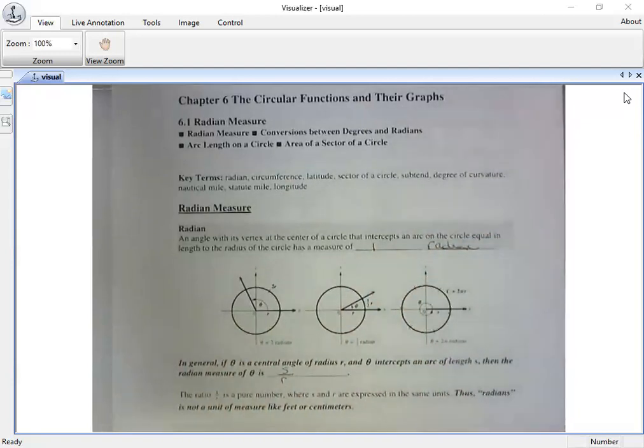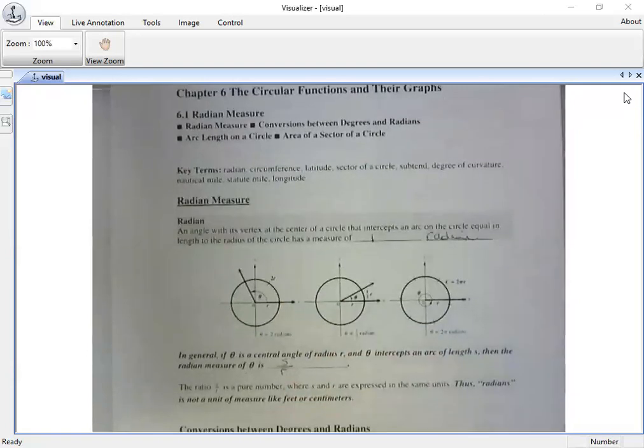Okay, so in other words, we're able to look at a circle. If it comes all the way around here, then we are looking at a length of 1 radian.